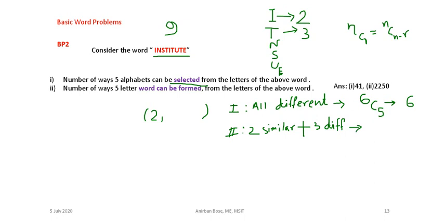So how many ways is this possible, tell me? So 2 similar means they can be either 2 I's or they can be 2 T's. So there are 2 options. Okay, so 2 options, and for that 3 are different, and those 3 can be any one of the others other than the one which has been repeated. So 1, 2, 3, 4, 5.